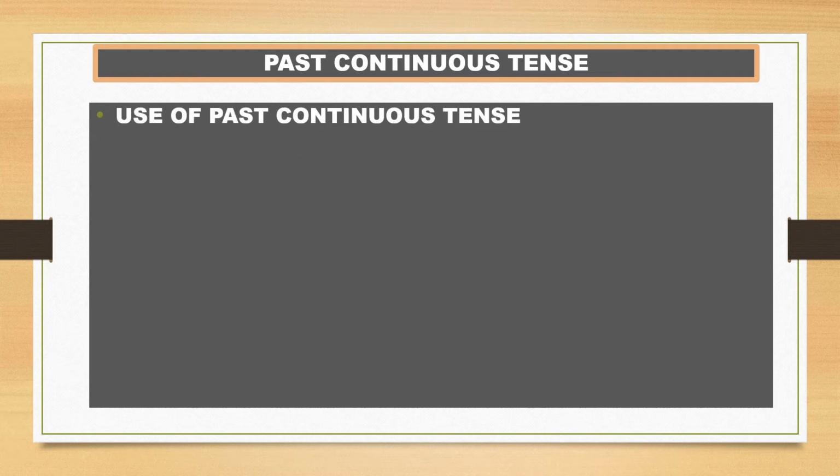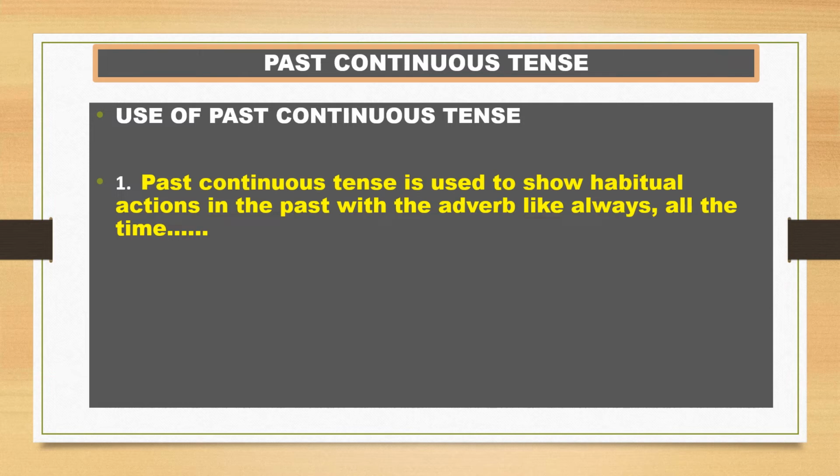Now let's learn the uses of past continuous tense. First, past continuous tense is used to show habitual actions in the past with adverbs like always, all the time. Habitual actions means actions that used to continue in the past. See the example. My brother was always crying in his childhood.